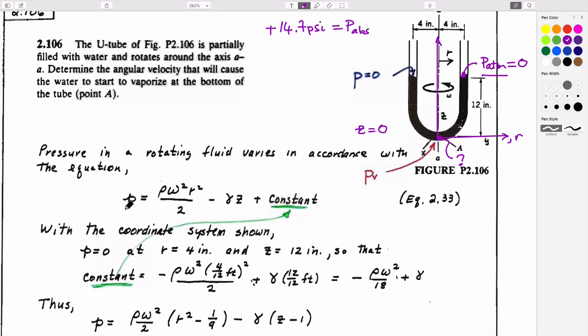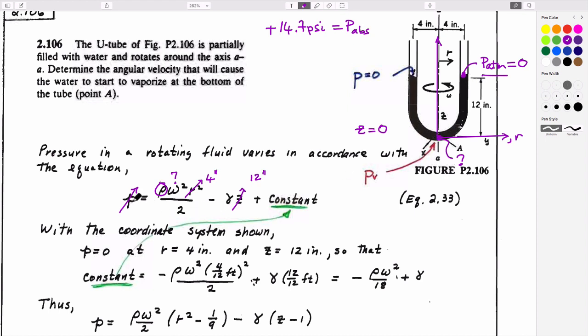It sets this equal to 0. It says that the pressure here has to be 0, and that's at 4 inches. The fluid is water. We don't know what this rotation speed is, and we know that the elevation of this point is equal to 12 inches, right? 12 inches above this datum. You could choose the datum up here, and this would be minus 12, but it's easier not to.